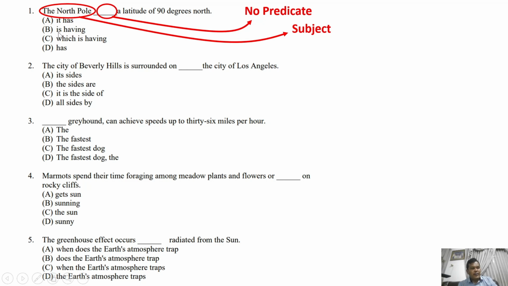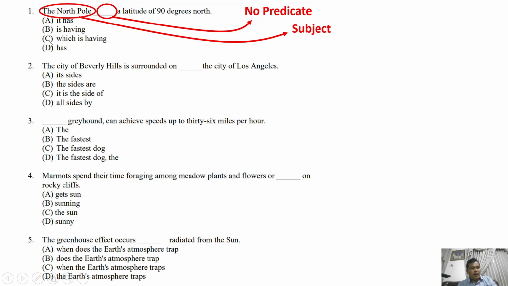B is having, which contains a predicate, C contains a predicate, D contains a predicate. So all of the options contain a predicate. However, we don't need a subject anymore because in the question there is already a subject, the North Pole.